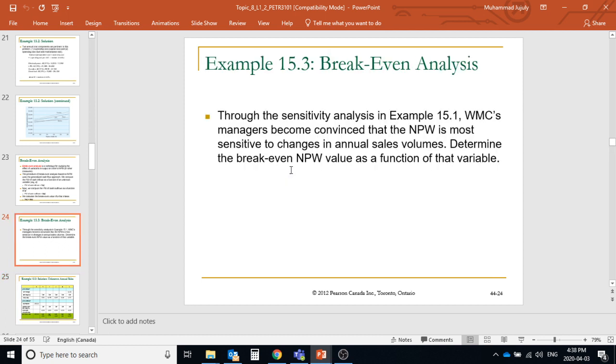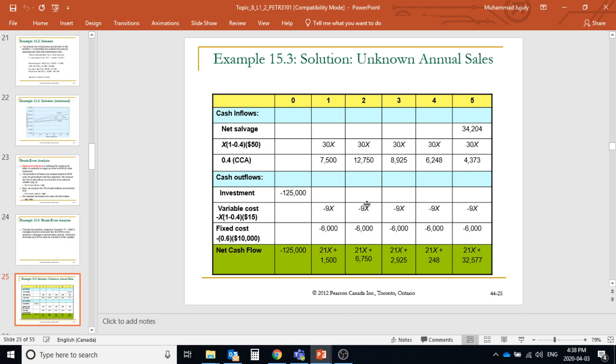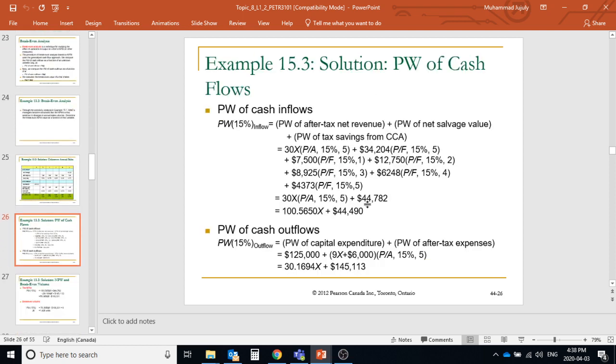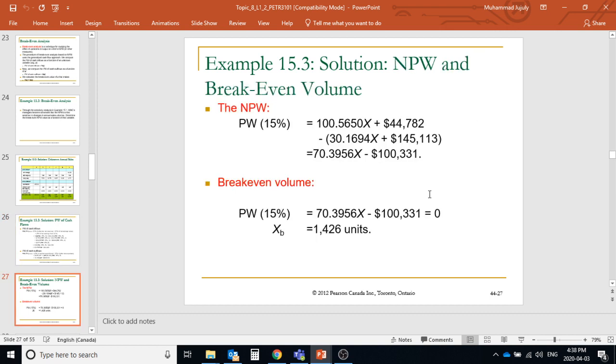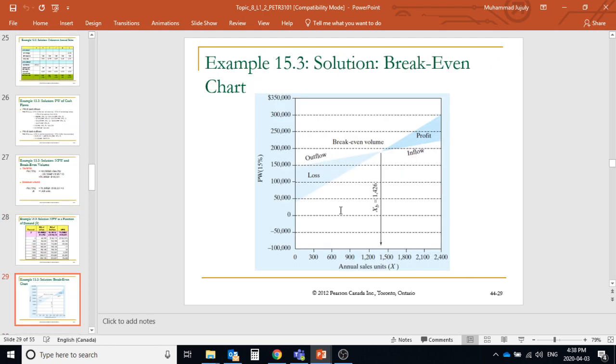So go to 15.3, solve 15.1 first and go through 15.3, and please determine the break-even points using this equation. Determine the break-even number of units. This is the break-even point.